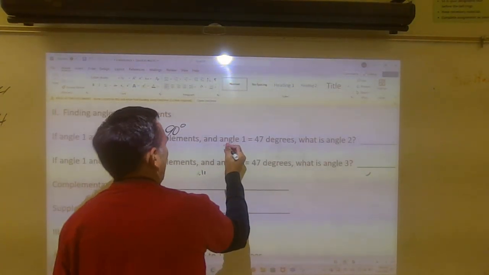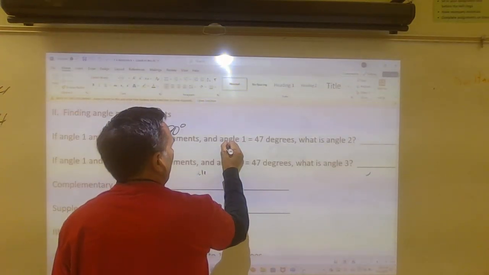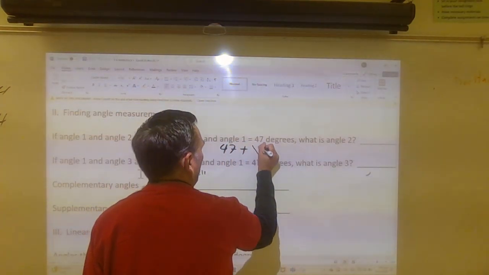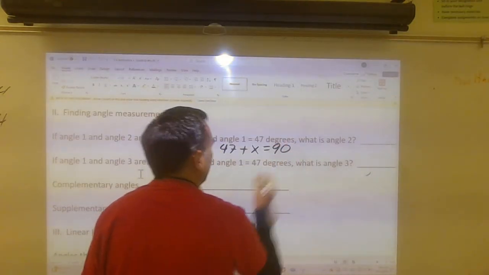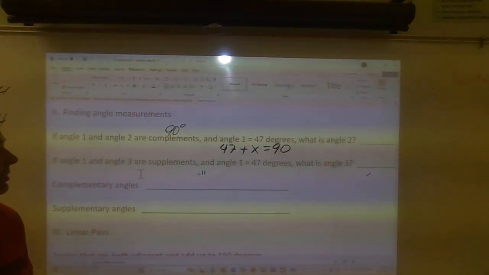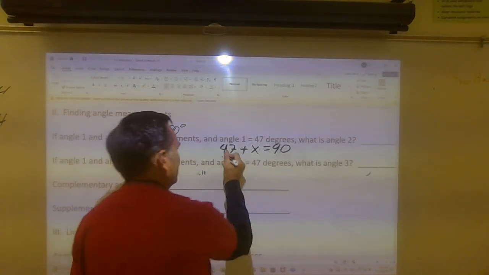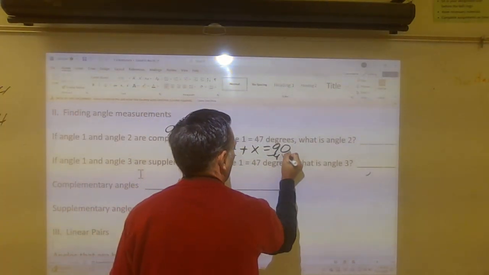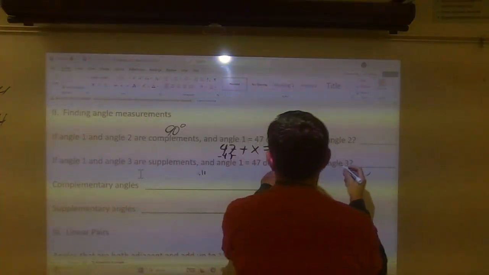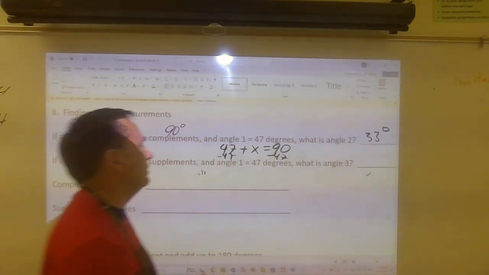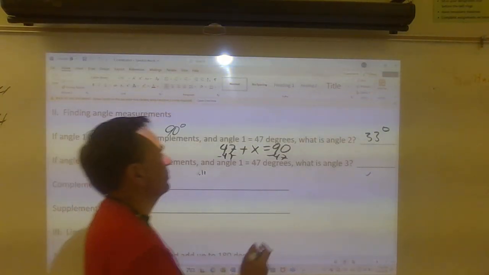I'm going to set this up as 47, which is angle 1, plus my unknown equals 90. Then in order to solve this, we ultimately need to subtract and go 90 minus 47. And we will get 33 degrees. I'm sorry, 43 degrees.